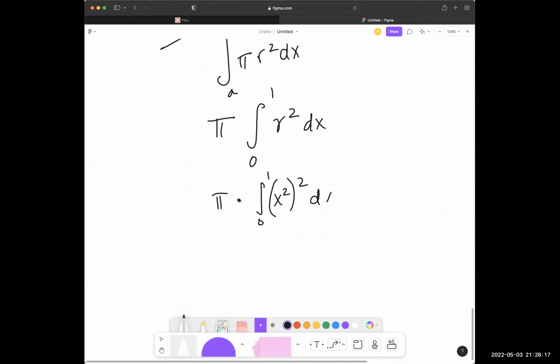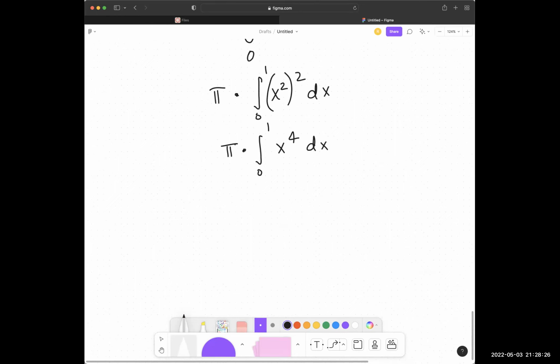And so then we have x squared squared, which is pi times the integral from 0 to 1 of x to the 4th dx. And then we just solve this, right? So you can do pi and then solve this guy here. Whenever you're taking the integral, you add 1 to the exponent and divide by whatever that is. So let's suppose you have x to the 5th and you're taking the integral.